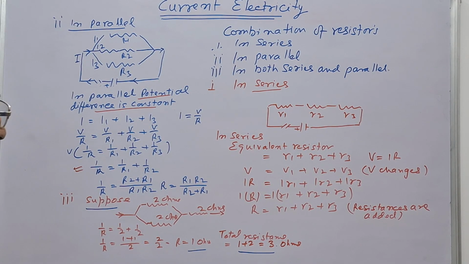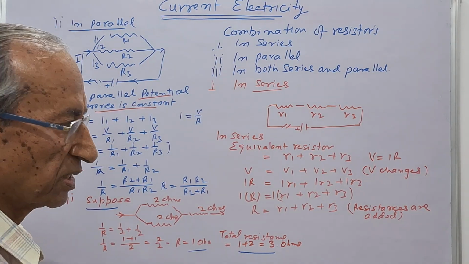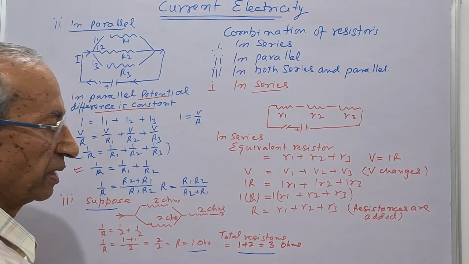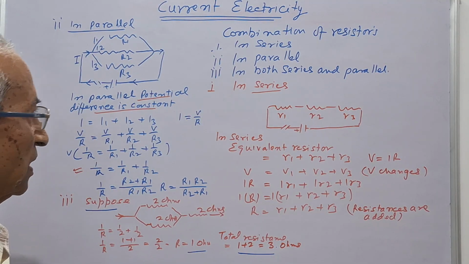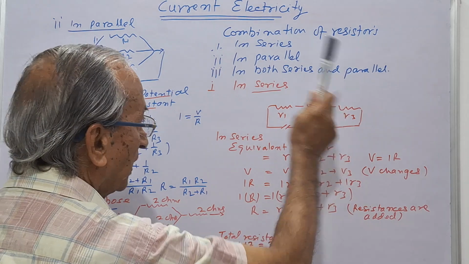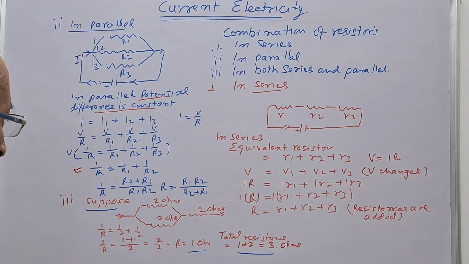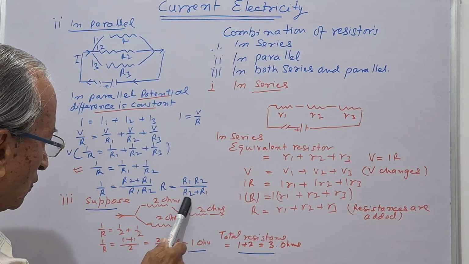Now suppose you have three or more resistances and you want a desired resistance, then we arrange them in both series and parallel. Suppose the three resistors are 2 ohms each.